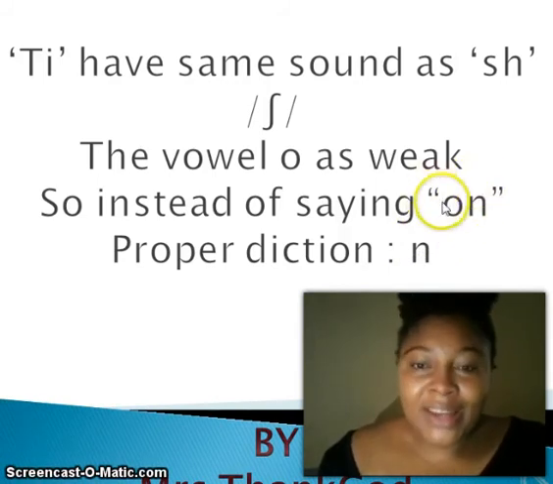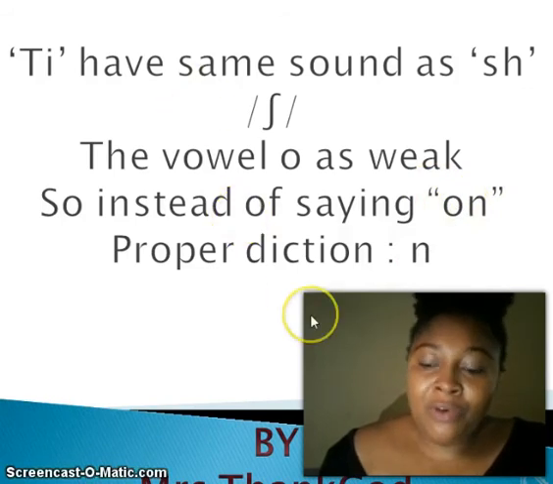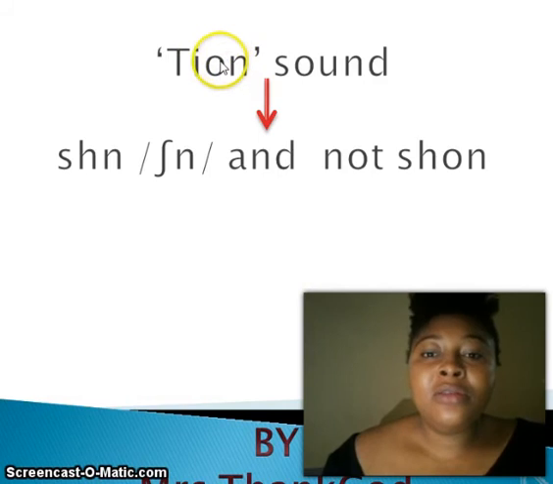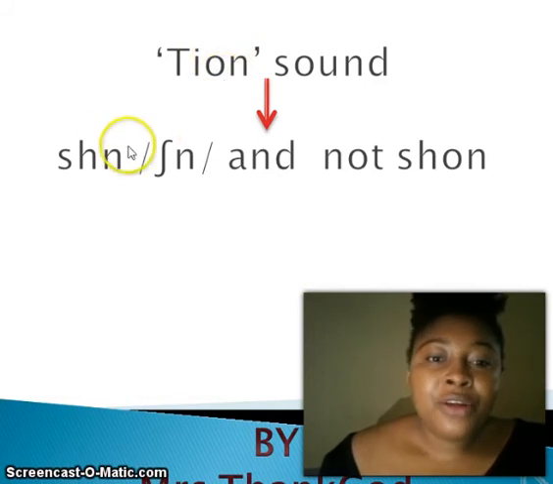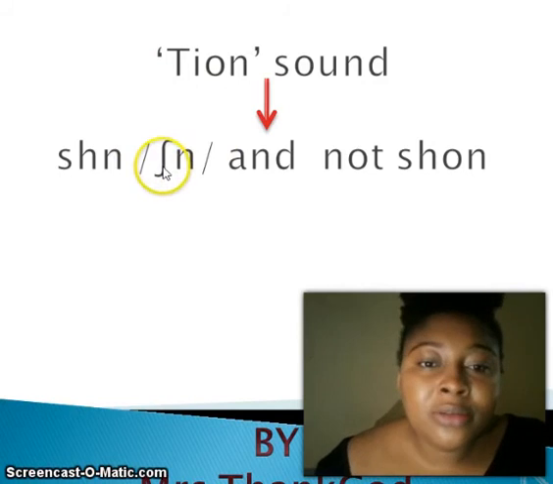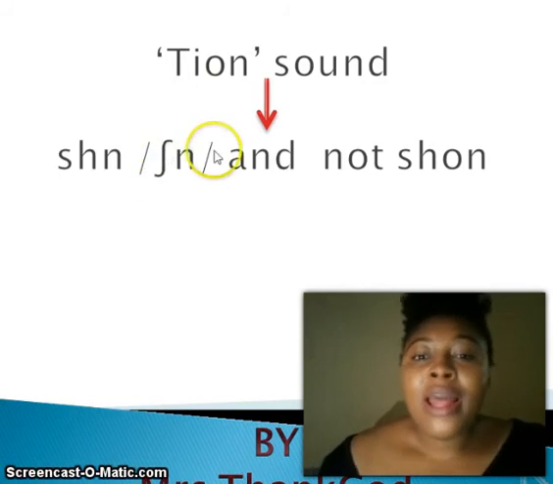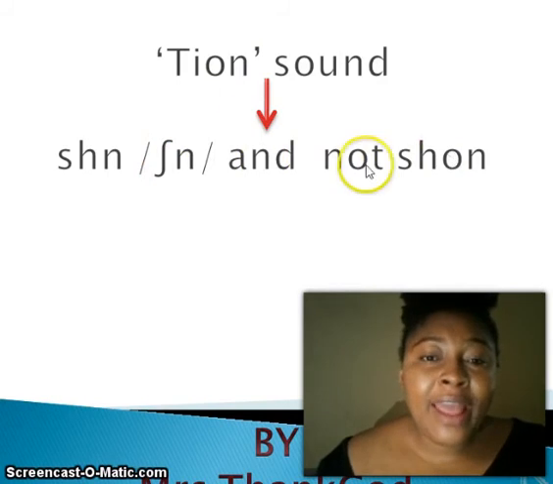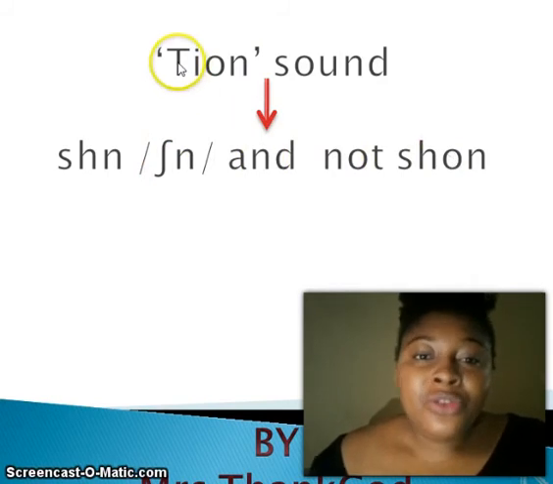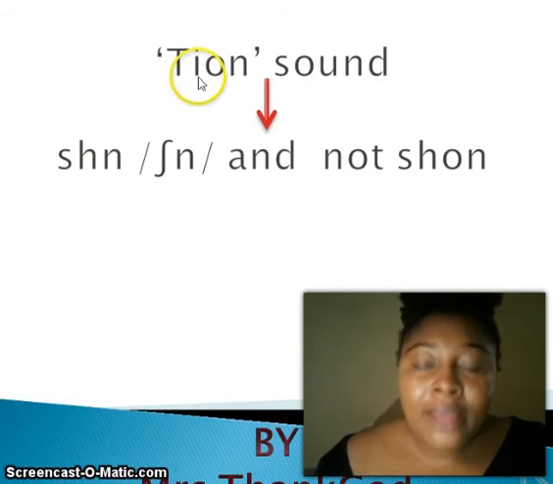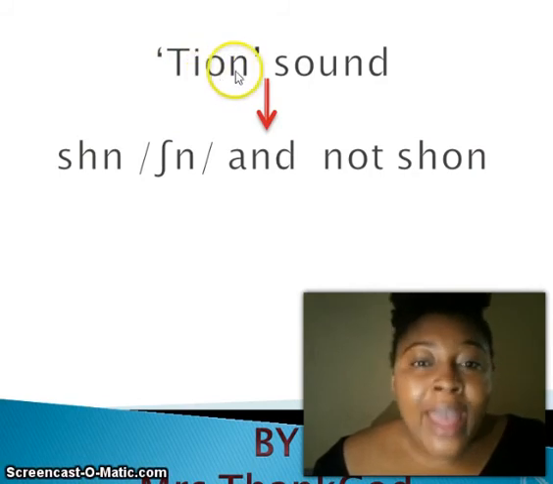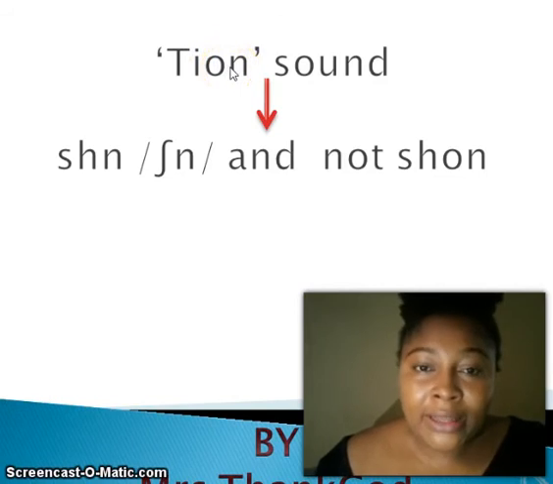So let's continue. If you add "sh" and "n" together, you would have this pronunciation, "shin," and not "shun." I repeat that again. When you add "sh" for the TI, and of course, we've learned that when you see ON, you don't pronounce "on" in the suffix.